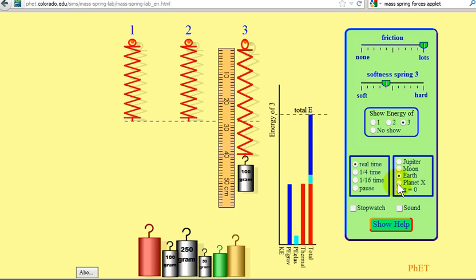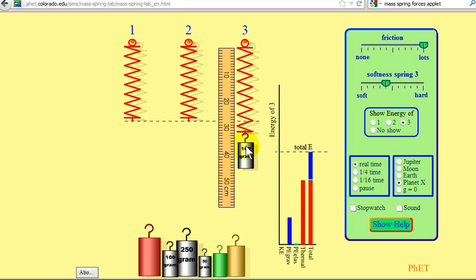If we select it, well, at least we can tell whether its acceleration due to gravity is less than Earth's or greater than Earth's by looking at the direction in which this mass moves. So if I select planet X, we can see the mass moves up, so its acceleration due to gravity must be less than what it is on Earth. This object weighs less on planet X than it does on Earth.